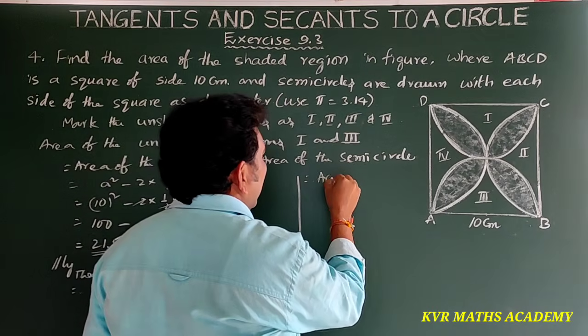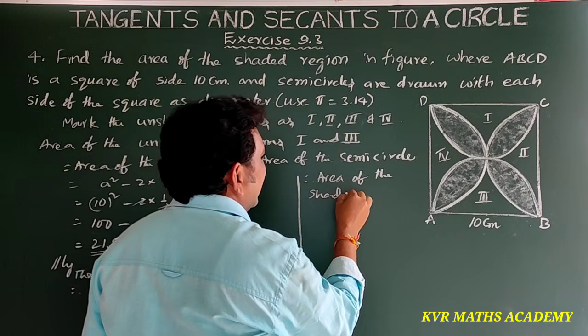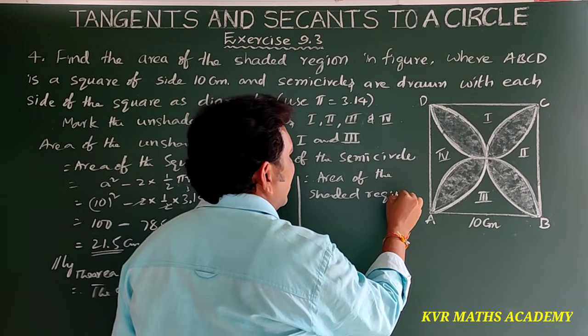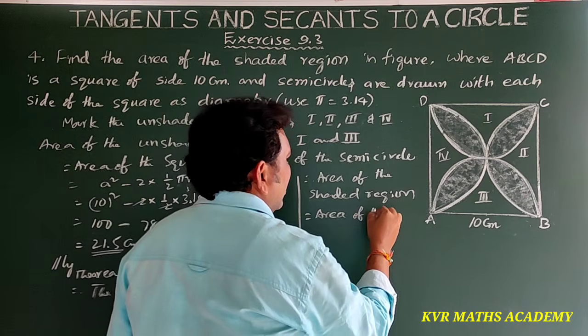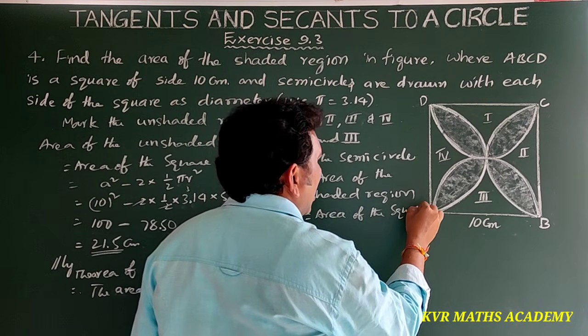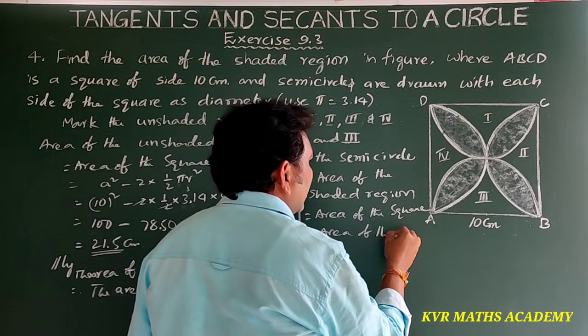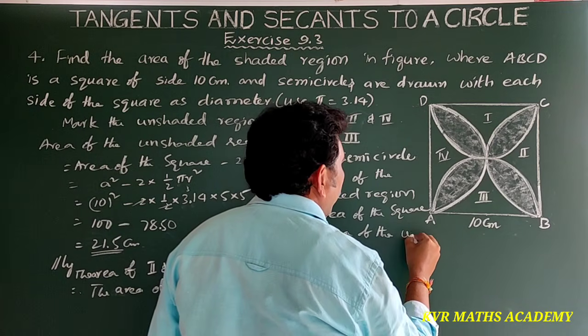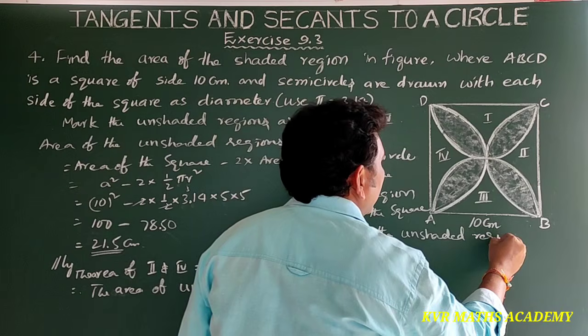Therefore, area of the shaded region is equal to area of the square minus area of the unshaded region. Yes, unshaded region.